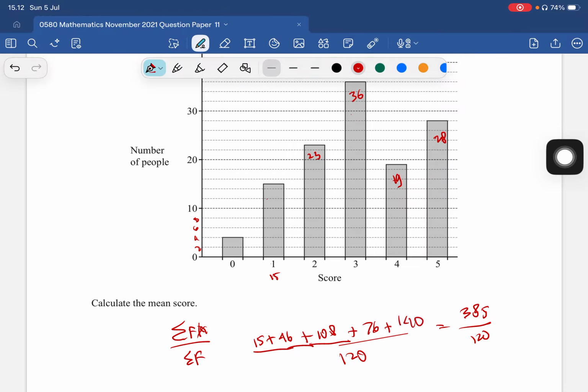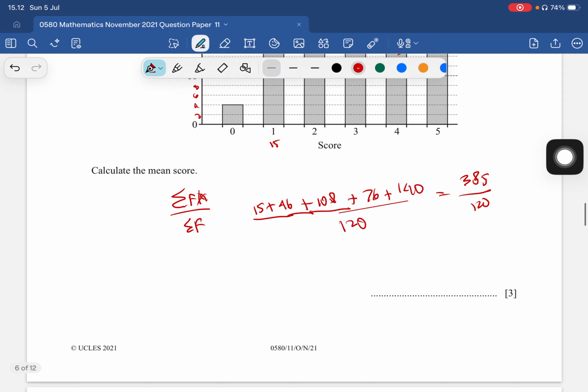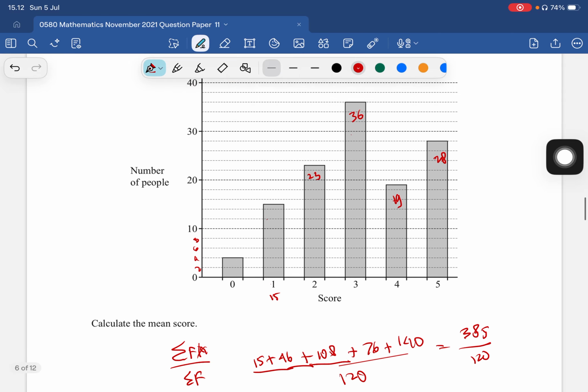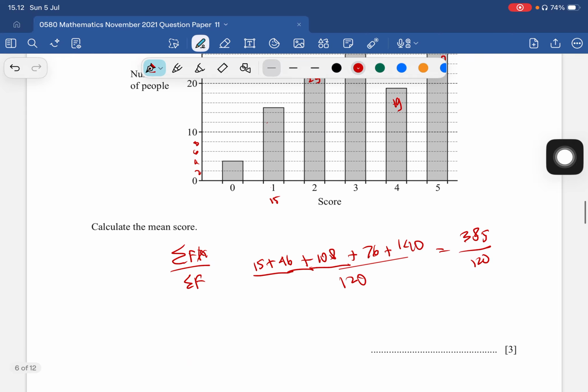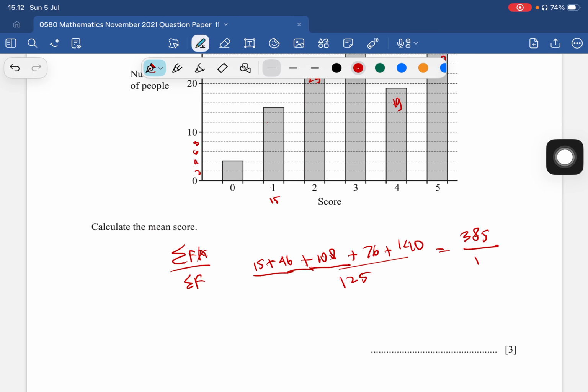We divide by 120. Check it again. Not 120, this is 125. So 385 divided by 125, we got the answer as 3.08, the mean score.